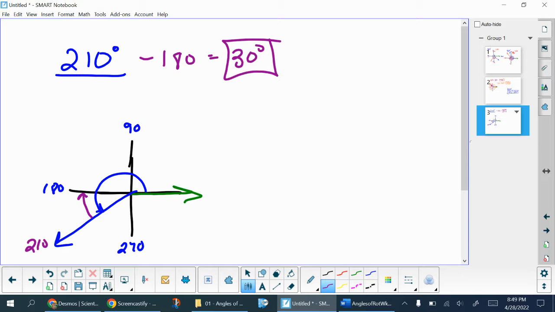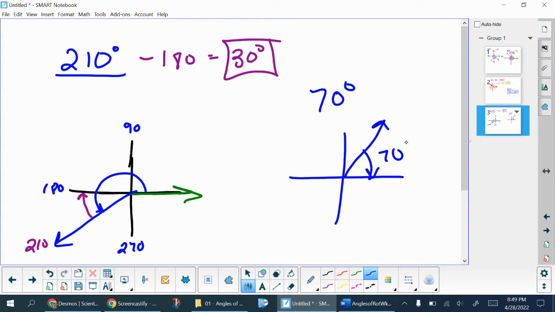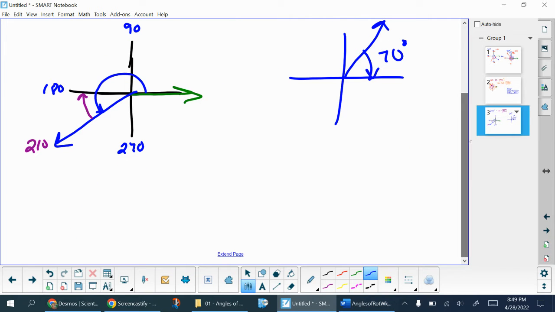In reality, what you're always doing here is you're either going to be comparing these angles to 180. How far is it from 180? How far is it from 0? Or how far is it from 360? So if I see something like 70, that's the real easy ones. There's 70 degrees. How far is it from 0 in this case? Well, 70 degrees. Or if I see something like 330.